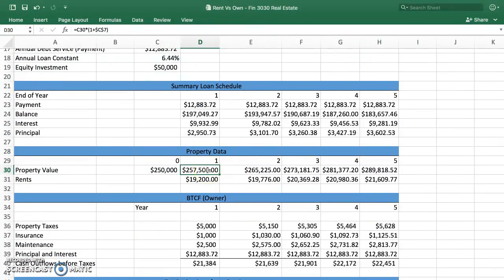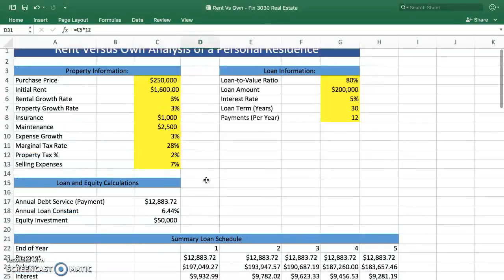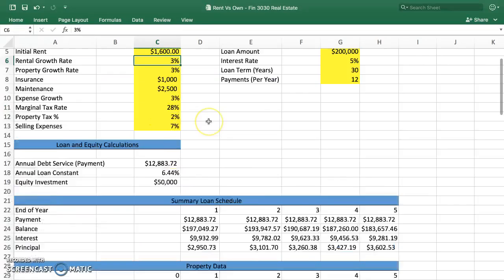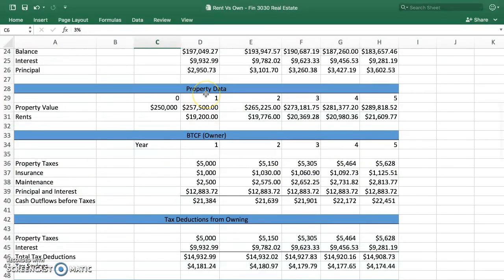We want to lock that 3% down, and then we are able to drag this equation all the way across, just multiplying this original property value times 1 plus the growth rate of 3%. And then we're going to do the same thing for rents, except we want to use the rental growth rate, which is also 3%, but important to note that those are two different values there, or they could be.